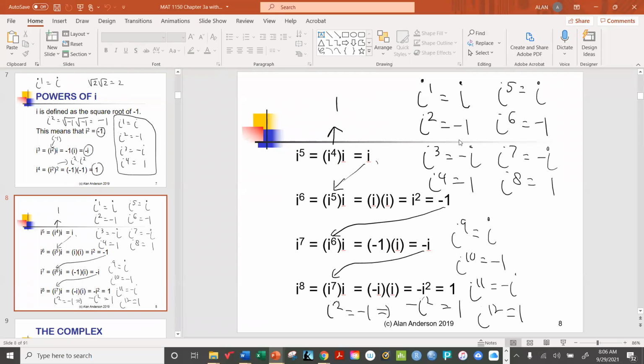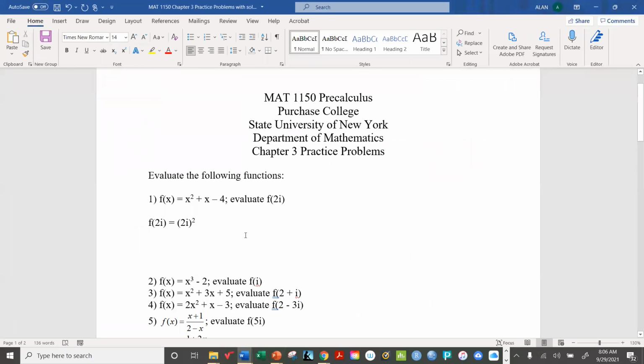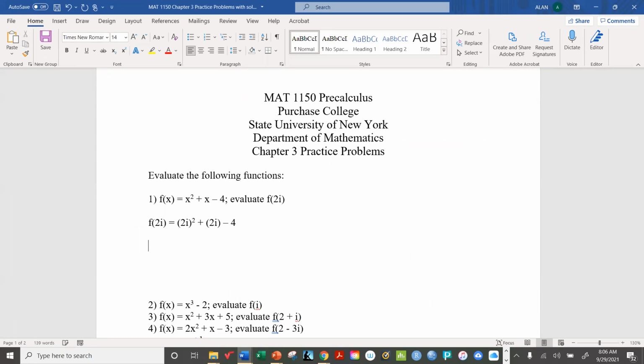Remember, i squared is -1. And then we'll have 2i minus 4. So when we square 2i, we actually end up with 4i squared, because you're multiplying 2i by itself twice. Okay, let me just make a little note.